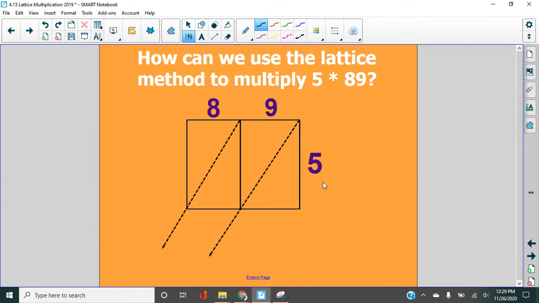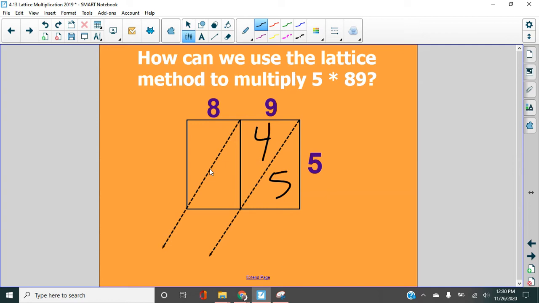So let's have you help me a little bit. How about this box? What am I going to get for this box? Okay, you should have said 45. The reason that it's 45 is because 9 times 5 equals 45. Okay, how about this box here? It's 40.